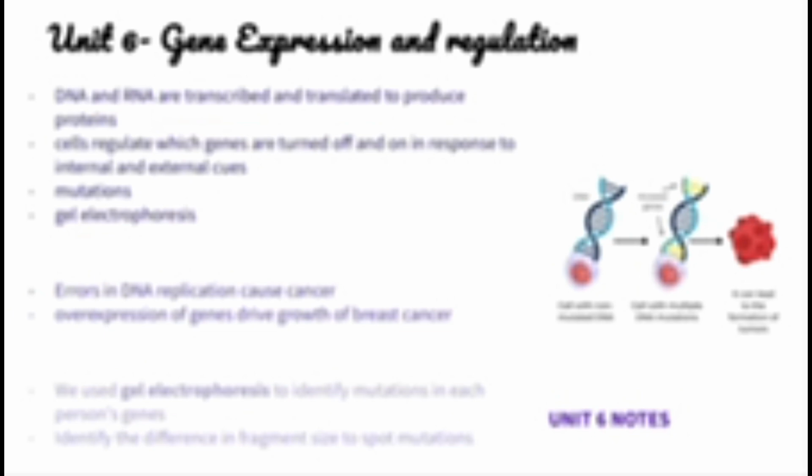In the lab, we used gel electrophoresis to identify mutations in each person's gene, to see how separated the DNA molecules are, and to identify differences in fragment size to spot mutations.